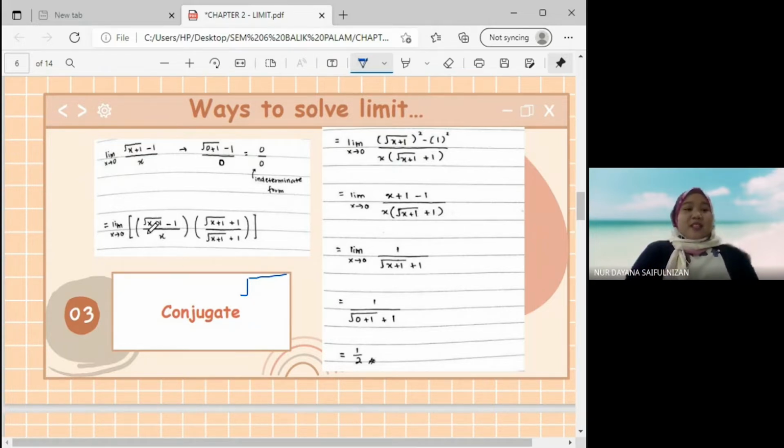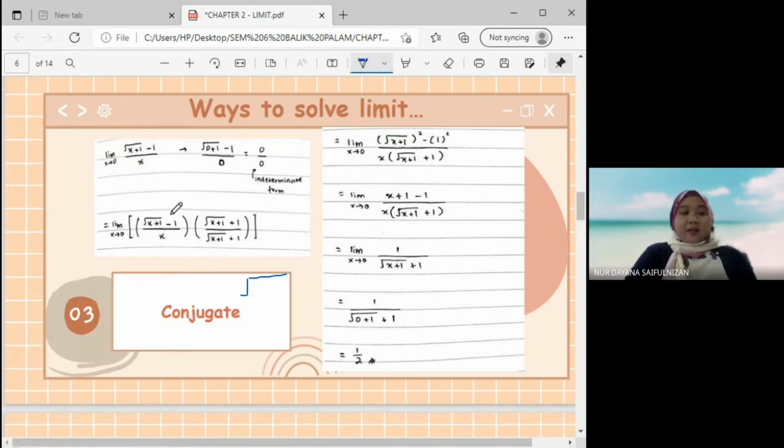So we can see the question: limit of (square root of (x plus 1) minus 1) over x, x approaching 0. So we substitute the value of x into the function, and yes, we got indeterminate form again. So what do we have to do? We have to do a conjugate.